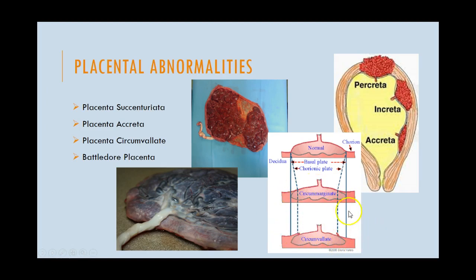This causes a huge issue in the 3rd stage of labor whenever mom gets ready to deliver the placenta, because if it's embedded too deep in the uterine wall, it's not going to come out. Many times these women end up having to have a hysterectomy, and they are at a huge risk for postpartum hemorrhage.